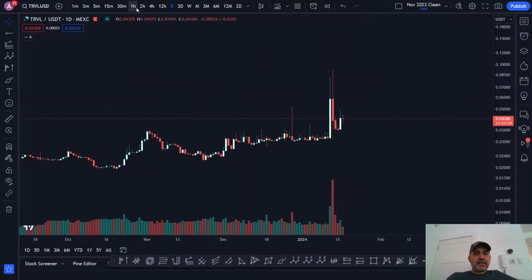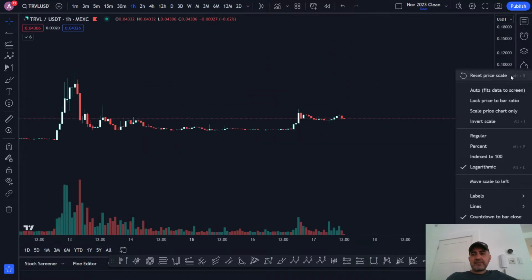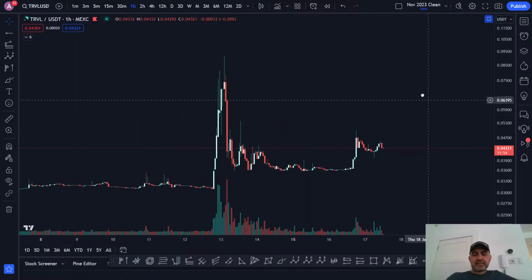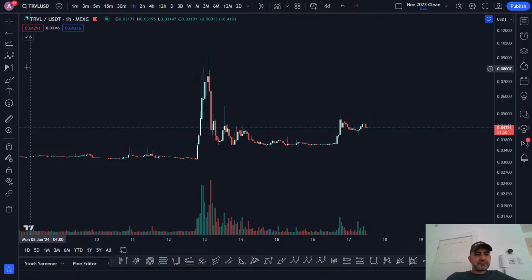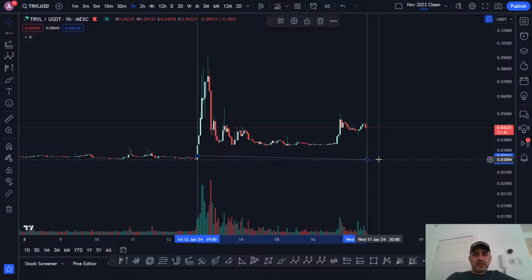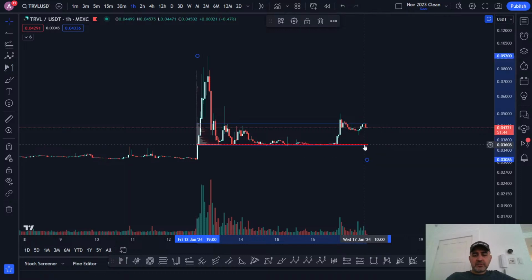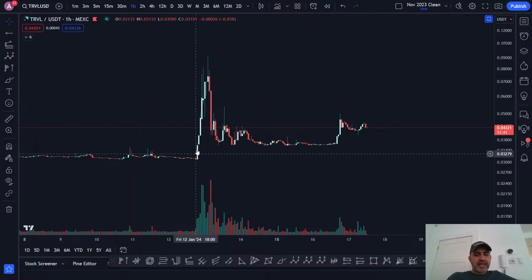The other thing that I think is not a bad idea, especially when you're forming ranges like this, are the volume ranges. So what I do is I draw from the candle that enters the new range.